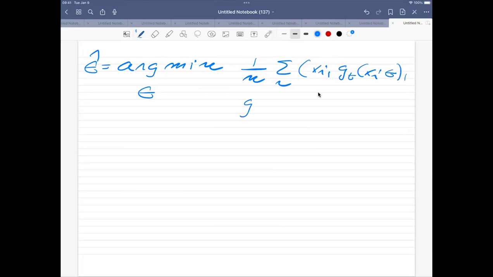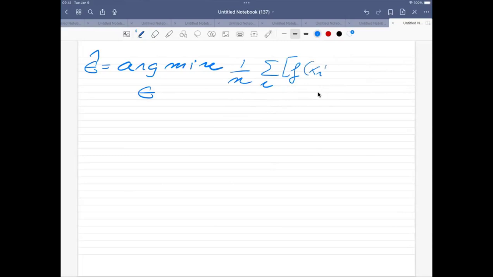Sorry, let me just quickly, because I'm running a little bit out of space here. So what we are going to do now is to optimize this function here of the sum over i. So we have the function f, and this function is a function of x_i, and then I have my g_t, and this is a function of x_i and theta.